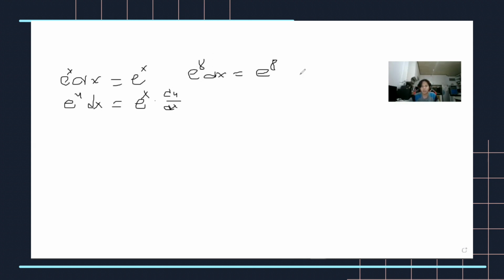Another would be the derivative of e raised to 100 dx, which is equal to e raised to 100. So I'm going to erase this and give an example for the second case.